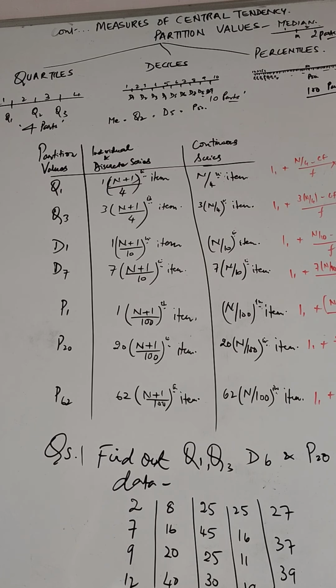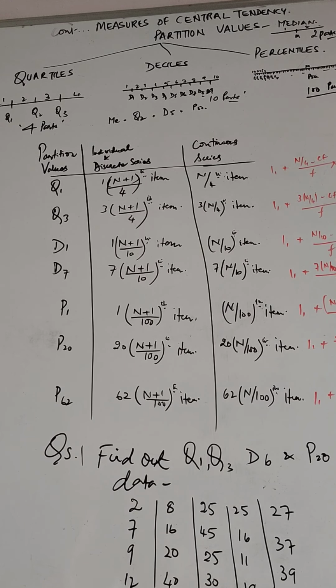And the third quartile is denoted by Q3 or upper quartile, has 75% of the items of the distribution below it and 25% of the items above it. Thus, Q1 and Q3 denote the two limits within which the central 50% of the data lies.